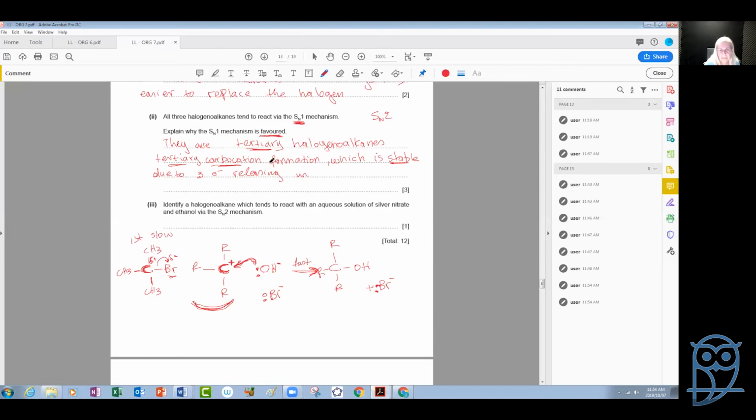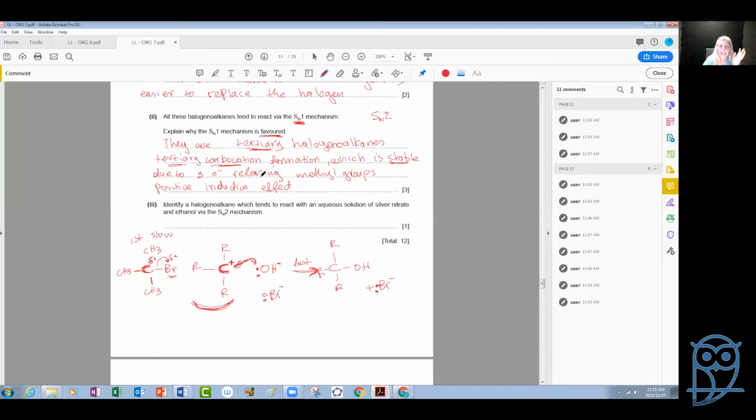In this case, we have methyl groups, which have a positive inductive effect on the carbocation, and that is why it is more stable. So something like that, okay.